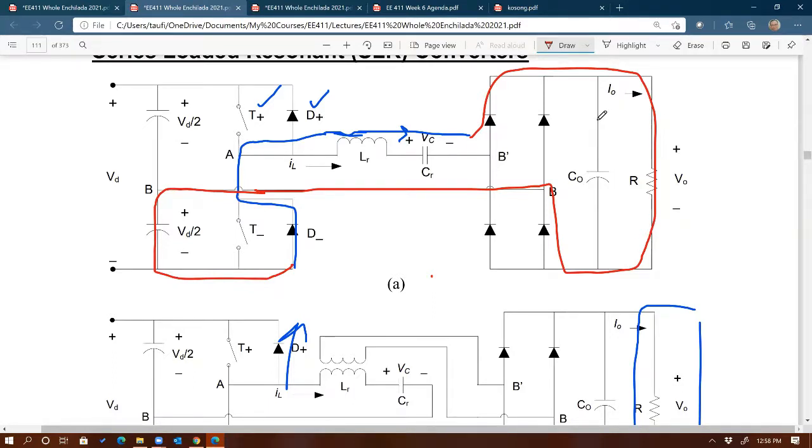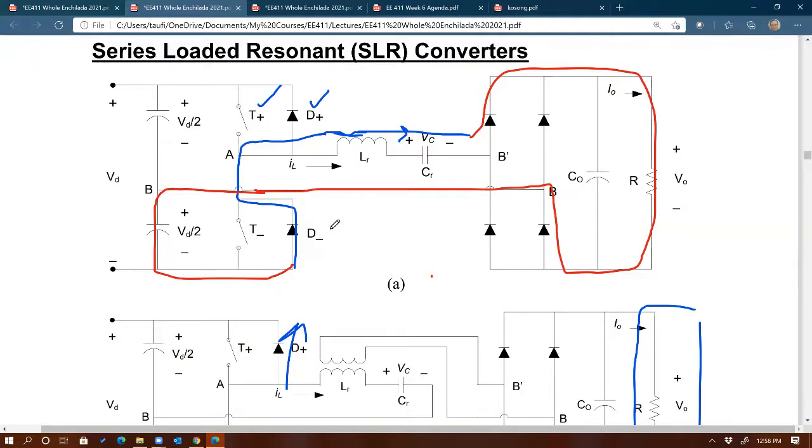That makes sense, yeah. But the question is, can D minus right now conduct current? Even though theoretically it could, at this point, is D minus ready to conduct?